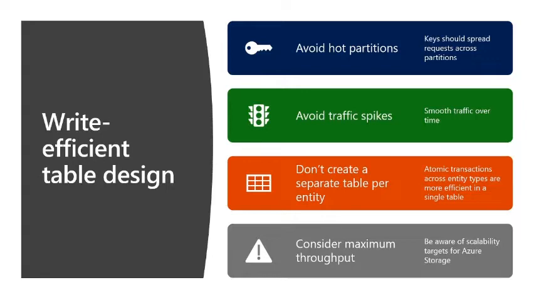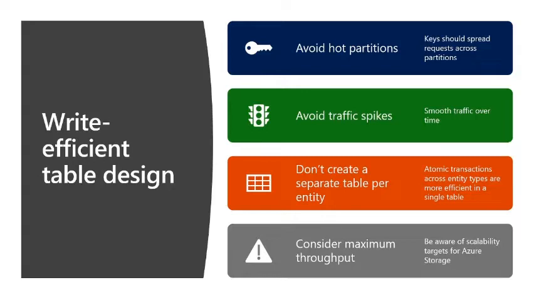So these four things: avoid hot partitions. Choose keys that enable you to spread your requests across multiple partitions at any point in time. Avoid spikes in traffic. Smooth traffic over a reasonable period of time. Don't necessarily create a separate table for each type of entity.